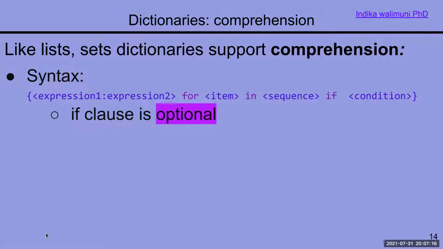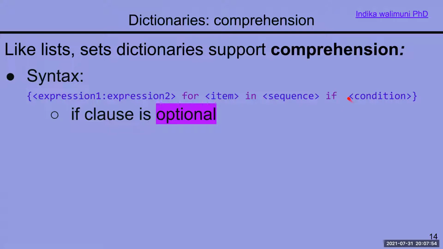It's similar to list. The only difference is we're going to have two expressions, one for the key and one for the value. Because at the end of the day we have to have key value pairs for the dictionary. So we need to create those key value pairs in our comprehension. The rest are similar: for items in sequence, and there's an optional if condition.